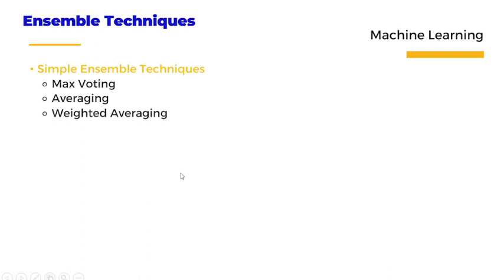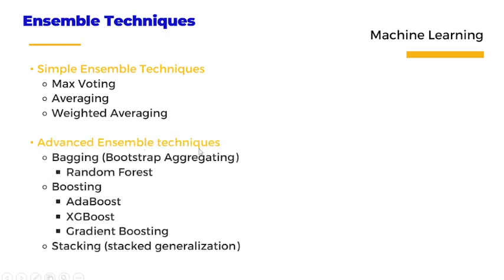Now we will see some of the ensemble learning techniques. Ensemble learning techniques are divided into two parts: simple ensemble learning and advanced ensemble learning. In simple ensemble learning, we have max voting, averaging and weighted averaging.